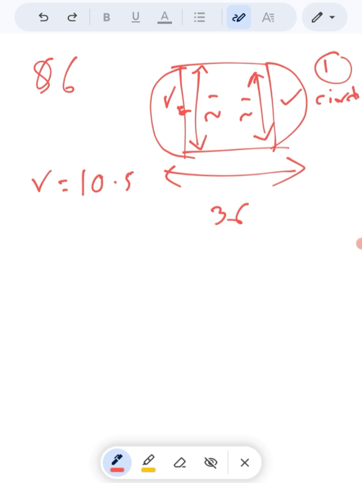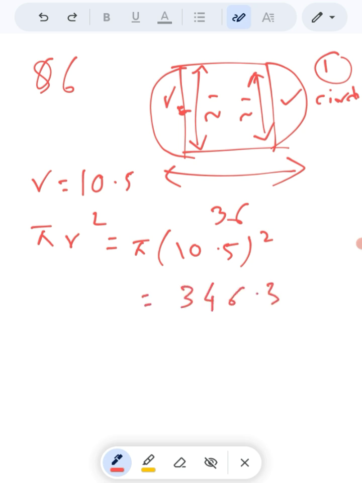So now for the area of it, I will be using the formula pi r square, that means pi multiplied by 10.5 square, which means 346.36.